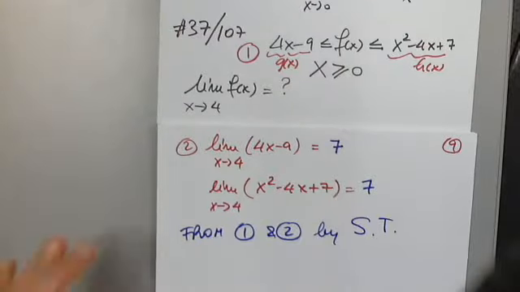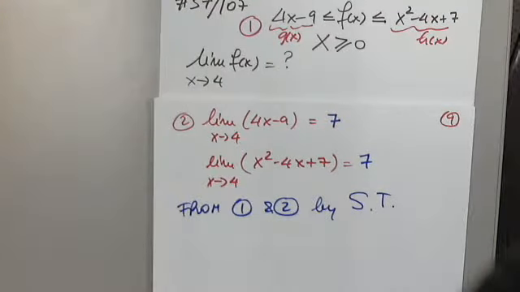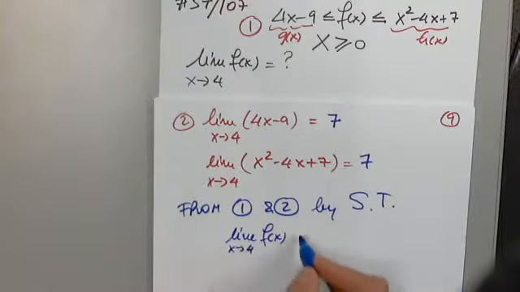And this is what I need to see on your test, exams, work. From 1 and 2, which are the hypotheses of squeeze theorem. By squeeze theorem, we conclude that the limit of f of x as x approaches 4 from either side must be 7.